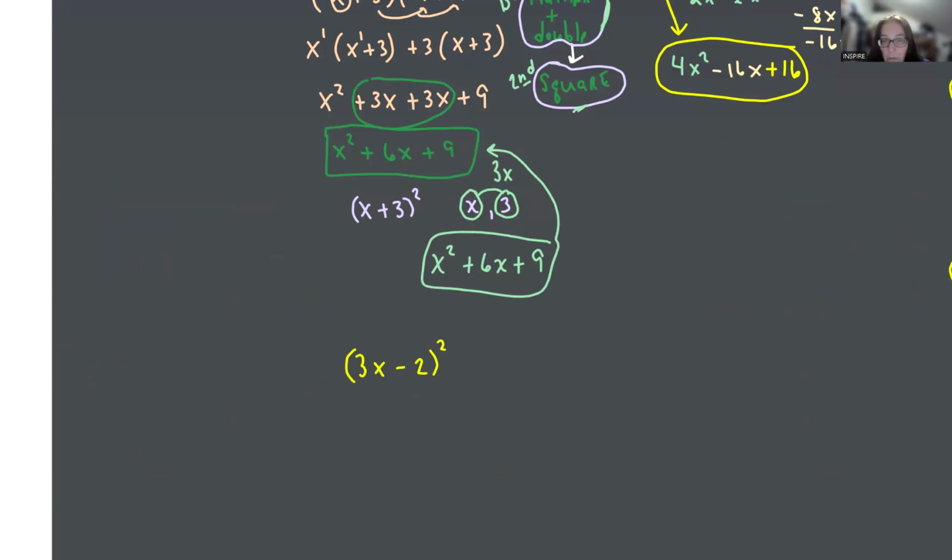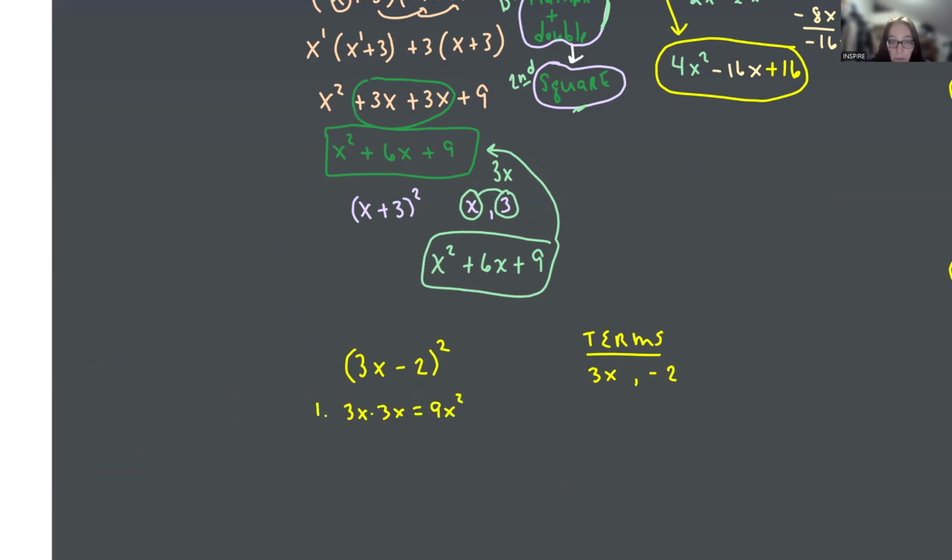My terms are 3x and -2. So step one, we're going to square the first term. So 3x times 3x is 9x squared.